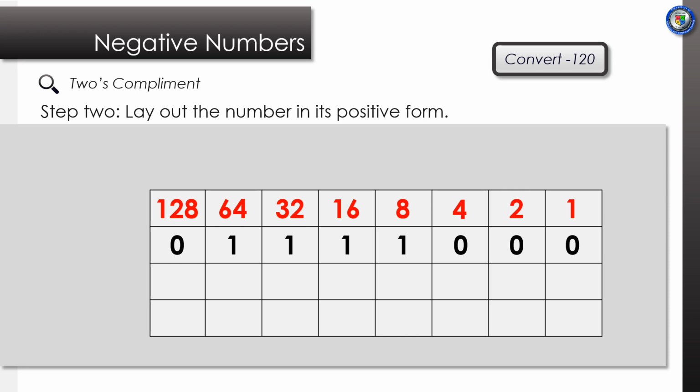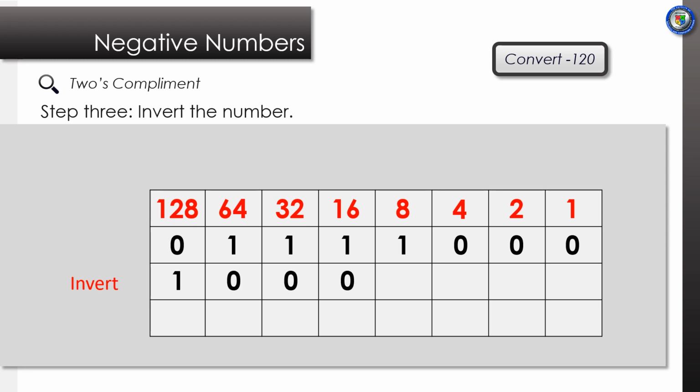In this case, 0, 1, 1, 1, 1, 0, 0, 0. In step 3, we will invert the number. Again, this means turning our zeros to ones and our ones to zeros. And our third and final step will be to add 1 to our inverted number.